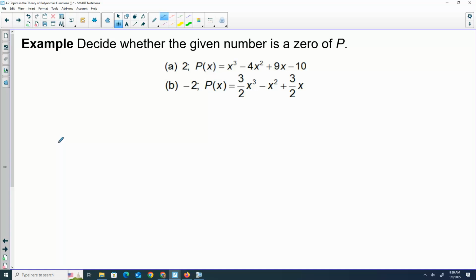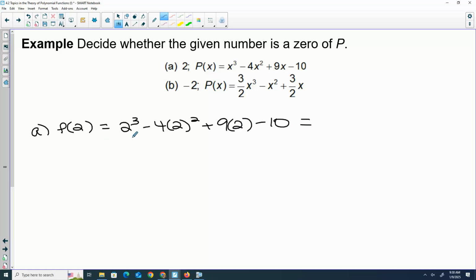Well, actually, if I already give you the number itself, not the factor, you just plug in that number. So you could just plug in 2. Or you could do synthetic division and divide by 2.